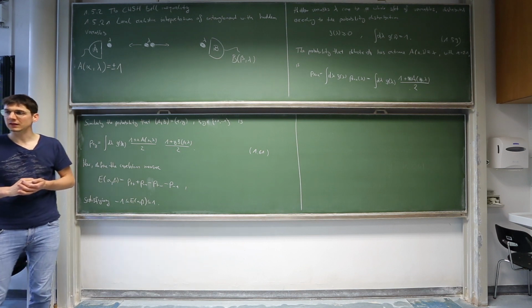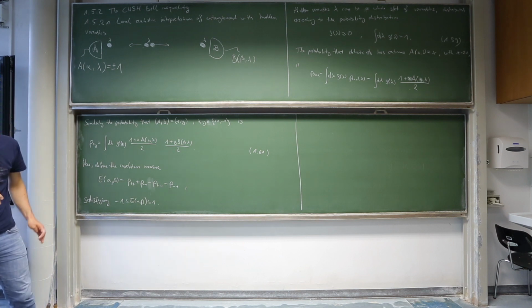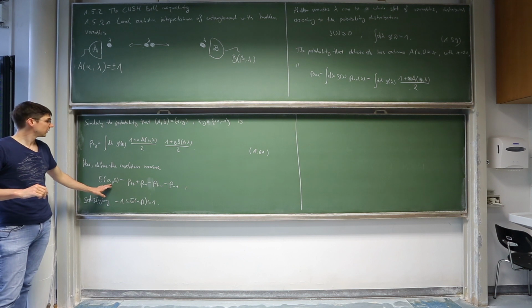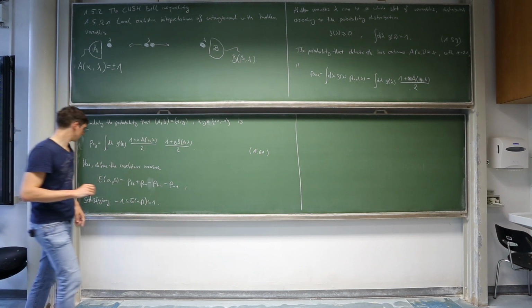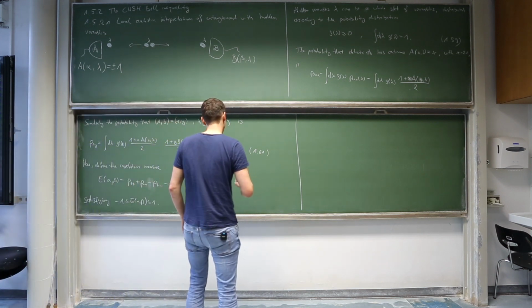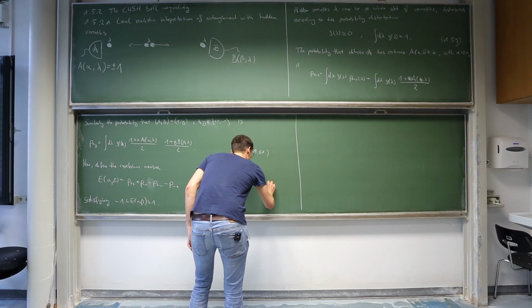Okay? And we now can calculate this by plugging in this probability in this equation. So this is equation 1.62.